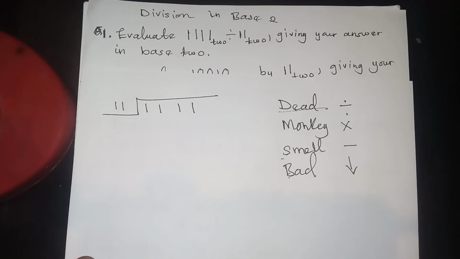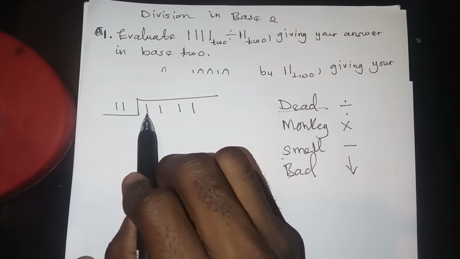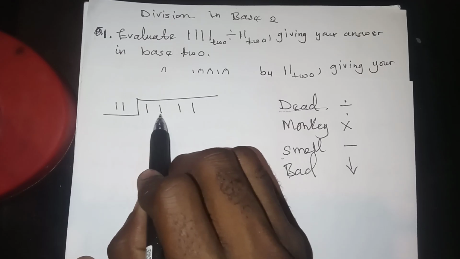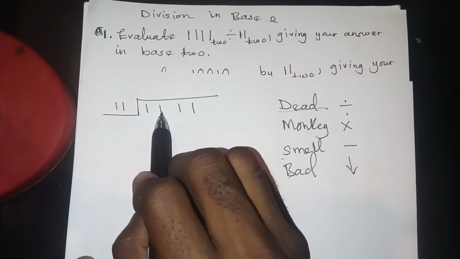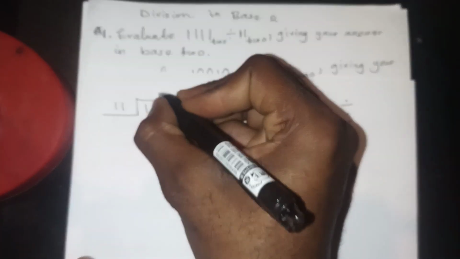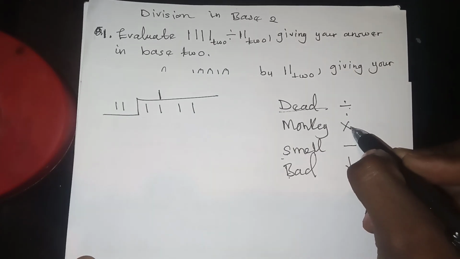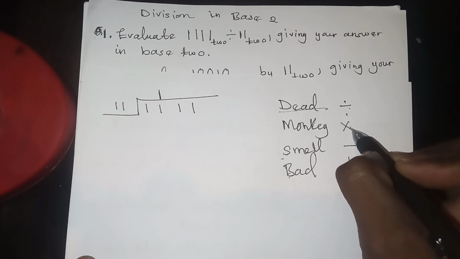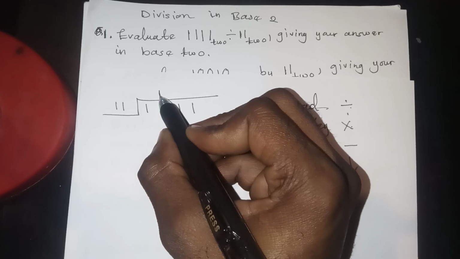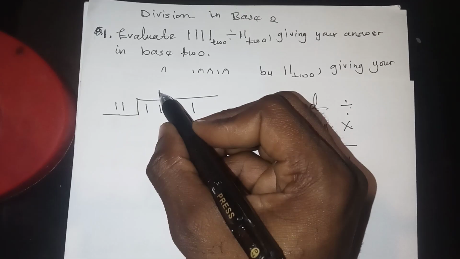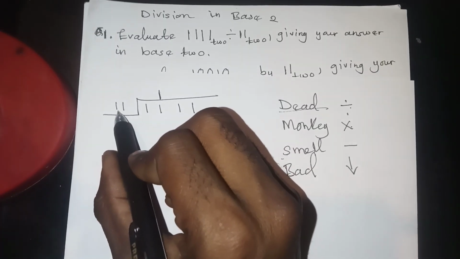So now let's divide. You can say 111 into 1. This is not possible, so you involve the next digit. So you can say 11 into 11. This is a 1. And then after division, you have multiplication. So you multiply the new quotient by the number you are dividing by.